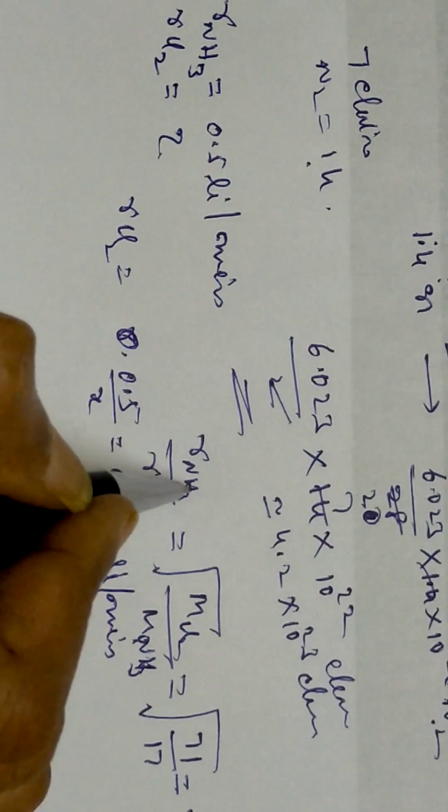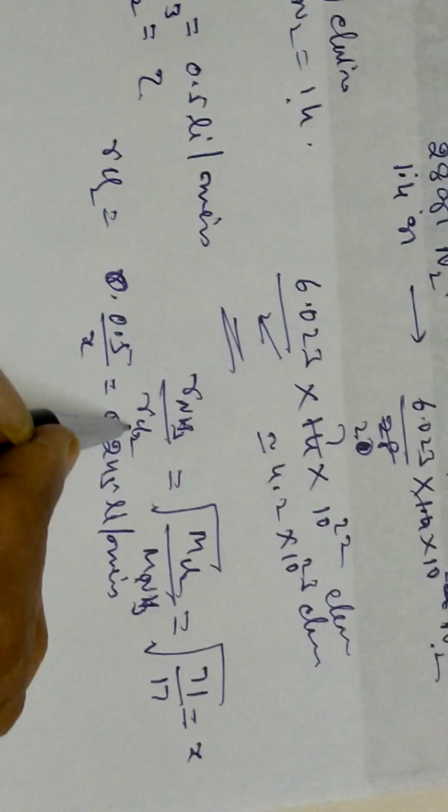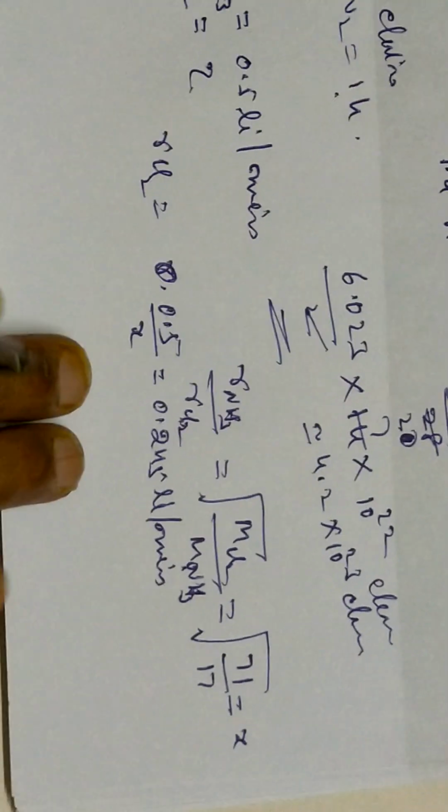Very simple. R ammonia is already given, so R chlorine is to be found out.